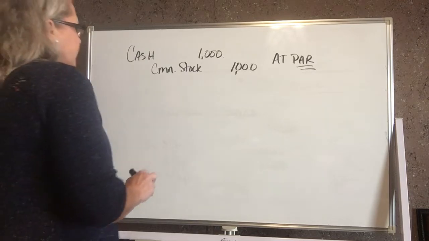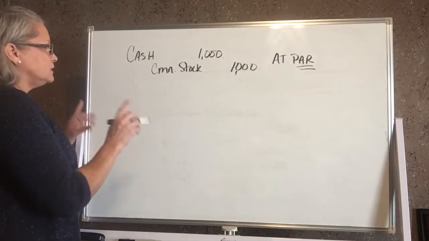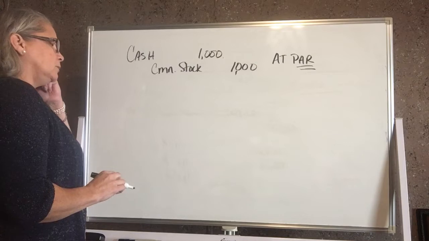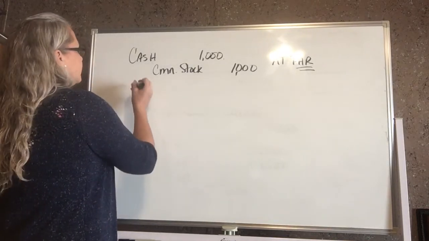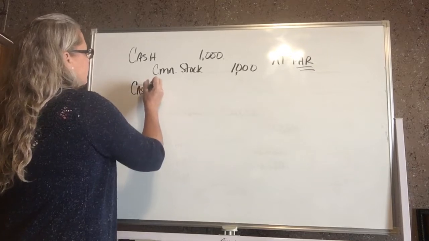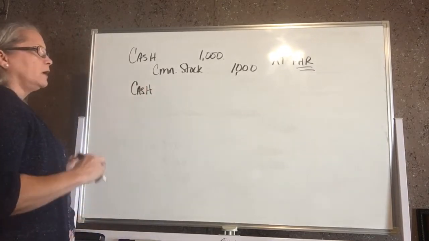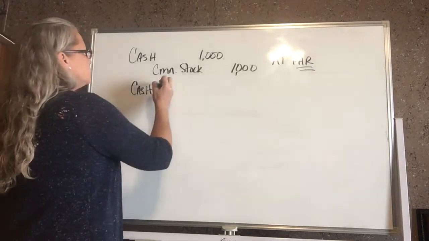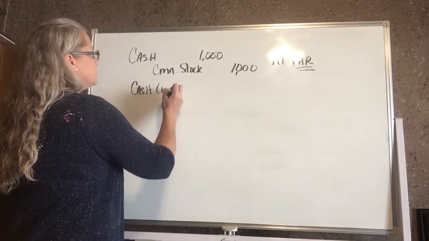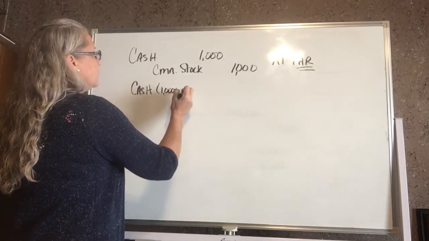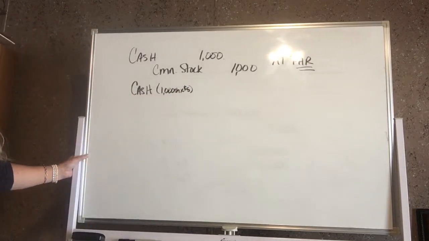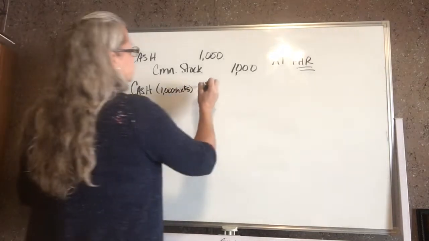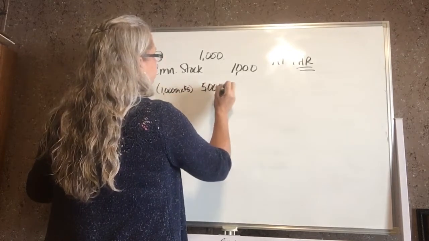At this point, I kind of start doing some calculations in my journal entries so I can keep track of things. So we're going to sell this above par now. We're getting cash, just like we did before, but I always put the math in. How many shares am I selling? I'm selling 1,000 shares at $5, which means that I'm going to bring in $5,000.